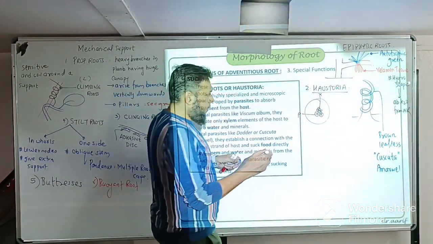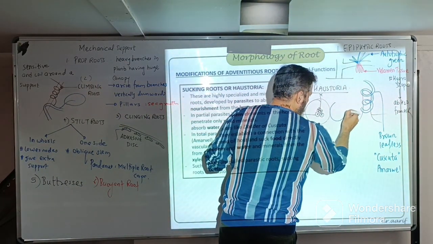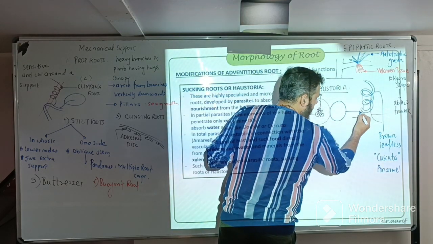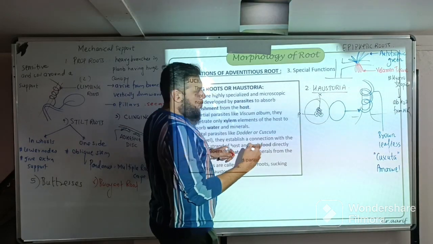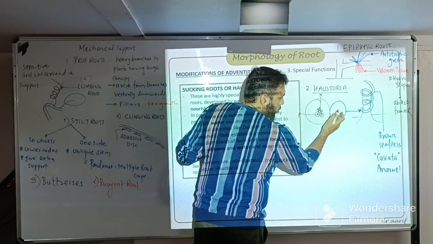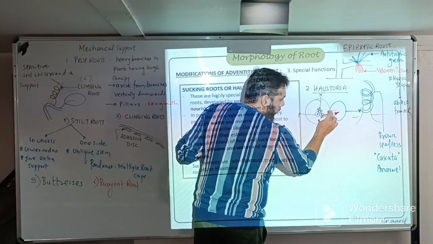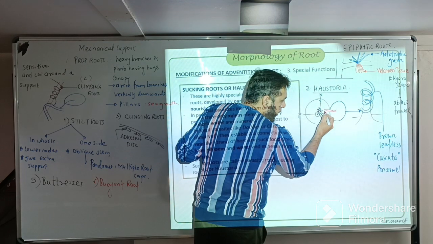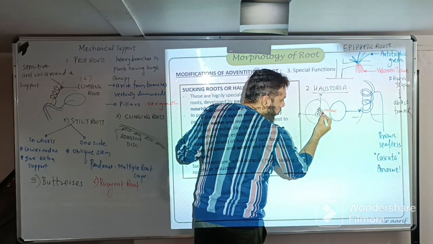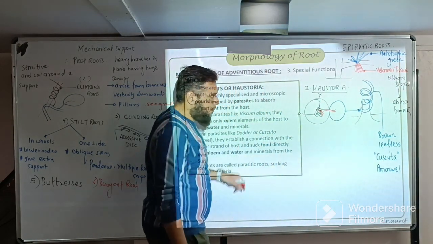And look at this. This blue color is for whom? Cuscuta. Now look at this. This particular plant is producing specialized roots which are penetrating the stem of the mango tree, and then it is reaching both xylem as well as the phloem.